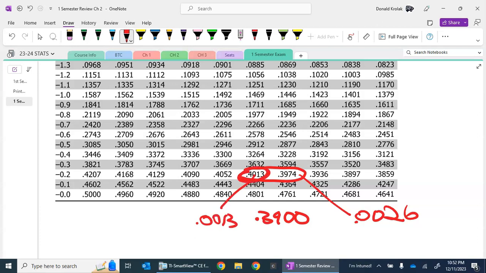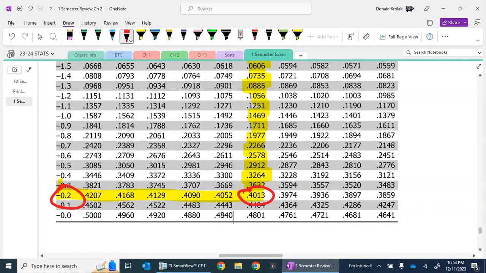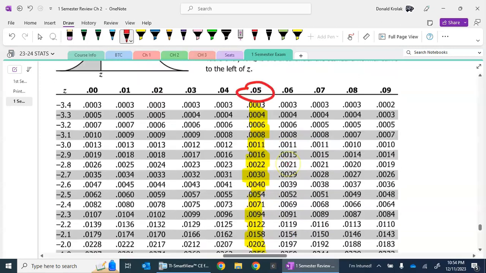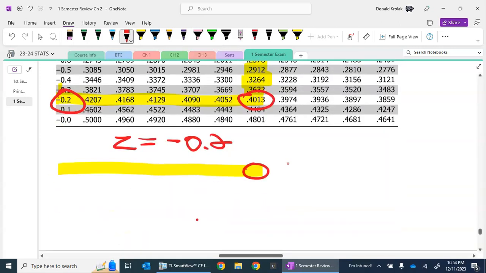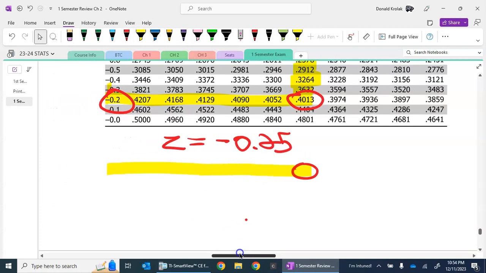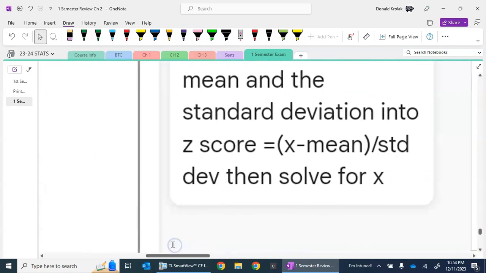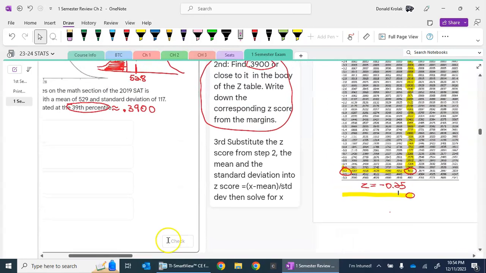So the 0.4013 is closer. All right, so the z-score that's associated with that is going to be negative 0.2. That's from this row, and then I go up to this column, that's 0.5. So that's my z-score for that particular situation.